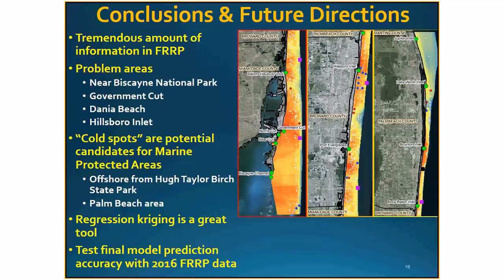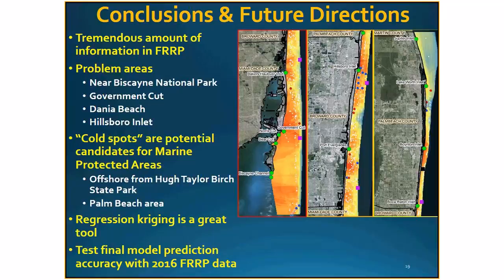Cold spots, the two prominent ones were offshore from Hugh Taylor Birch State Park, right here, and up by Palm Beach. And this is important to me because if you were going to prioritize an area where corals are either resistant or for some reason aren't experiencing stress like the other corals are, you might want to prioritize an area like Palm Beach based on these data.